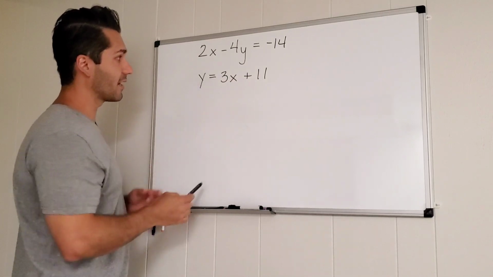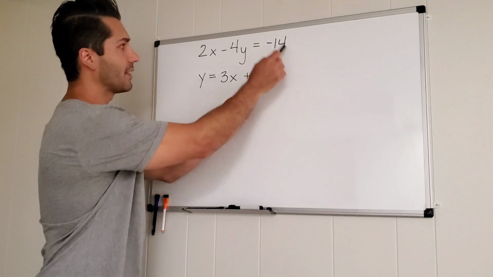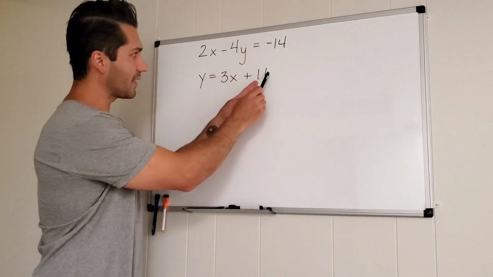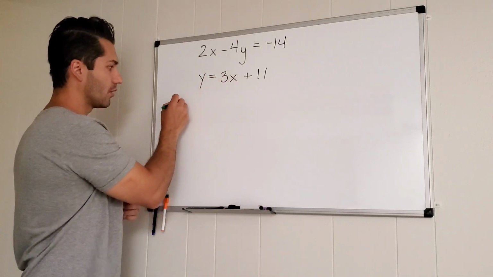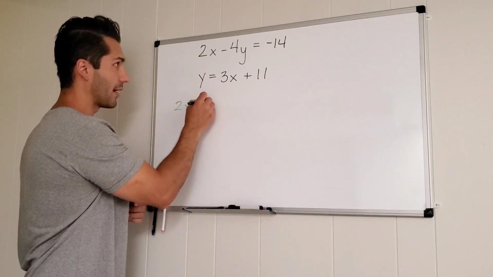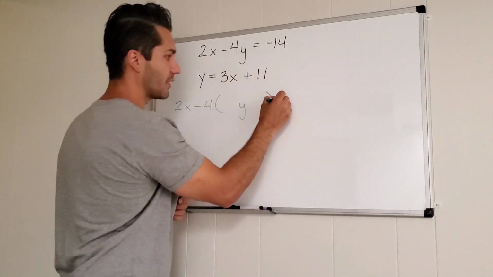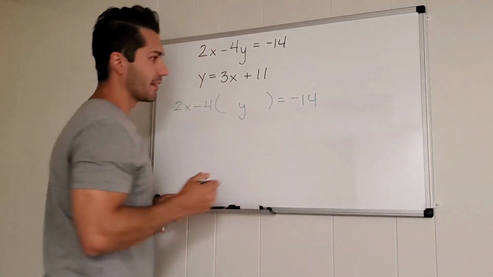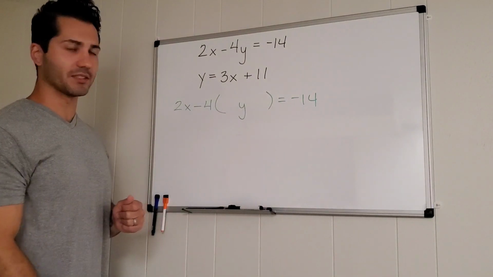So I'm going to take that, y equals 3x plus 11, and I'm going to substitute it into the other equation. I'm going to take it and drop it in there. So I'm going to rewrite this first equation. 2x minus 4y equals negative 14. That is the first equation. I just left this big y parenthesis set there.